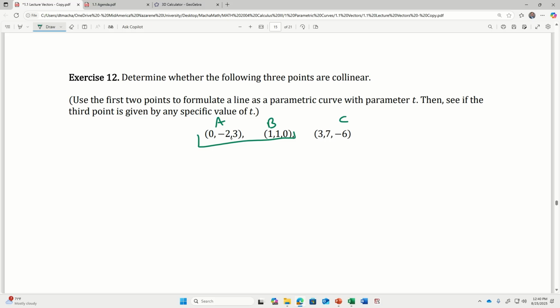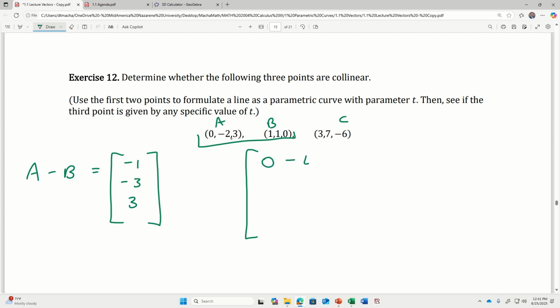But I first need to find a difference vector, right? A minus B, like this. And then I can write my line, the line that goes through these 2 points, as, let's say, 0 minus t, negative 2 minus 3t, and 3 plus 3t.